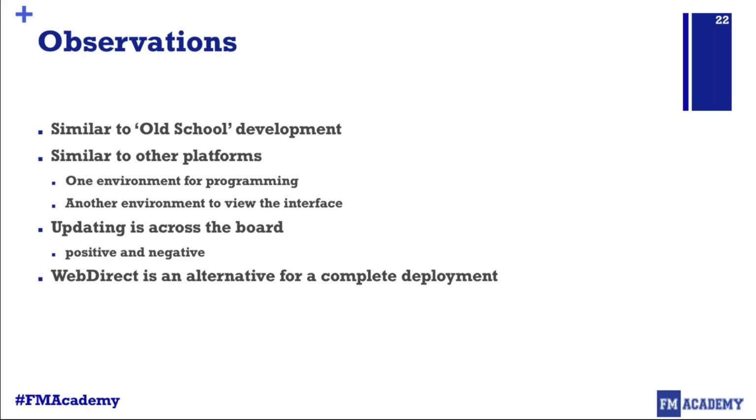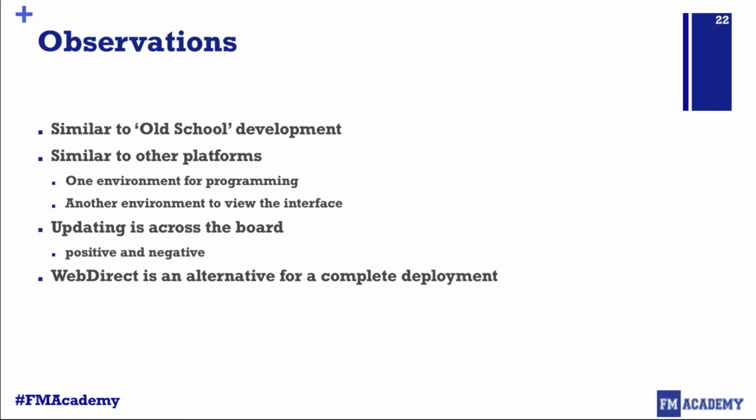Updating is across the board. So this is a positive and a negative. So in FileMaker Client, when a new version of FileMaker comes out, you can deploy it slowly and make sure your solution works, with a trusted group of people. And then once you know the next version of FileMaker is good, deploy it to everybody.